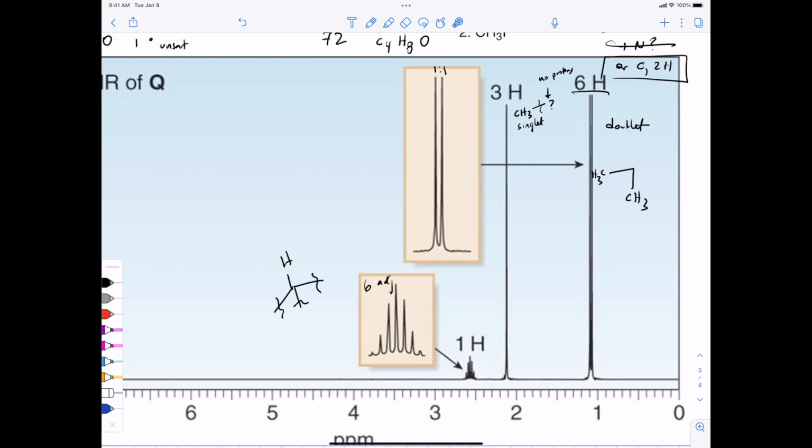What do these methyl groups have to be next to? Just 1 proton. You know that because they're doublets. So far, are our data internally consistent? Gotta be, because we just saw the 2 methyl groups being split by the 1 proton, and now we have that same 1 proton being split by the 2 methyl groups. You now have enough to solve this problem.